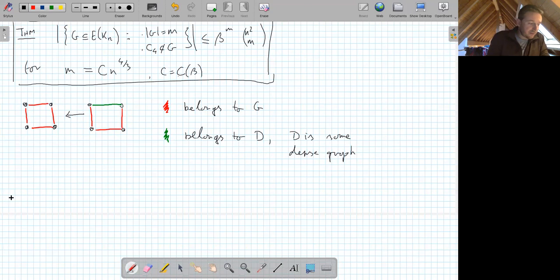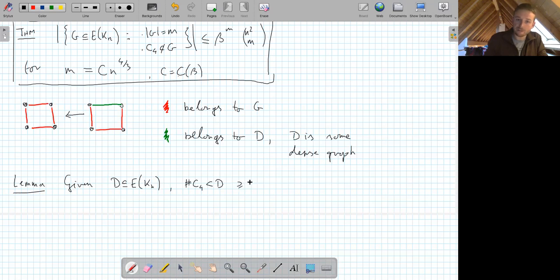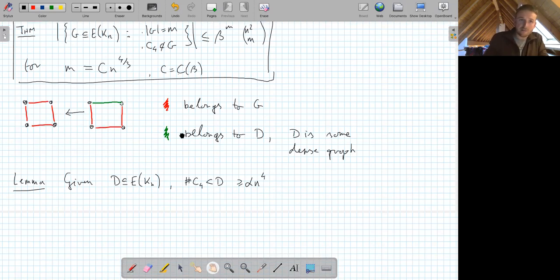Now the main lemma, or the induction if you like, goes as follows. Given some set D of edges of Kn such that the number of copies of C4 inside D is at least alpha n to the 4 for some alpha, then the following holds.